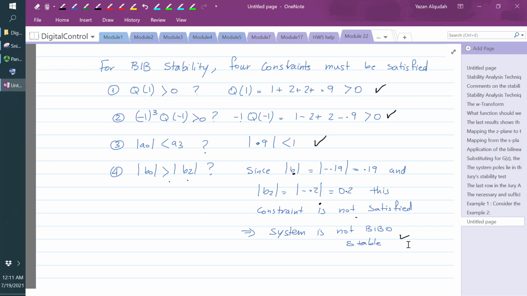I cannot apply Routh-Hurwitz directly to study the discrete time system stability, because the condition for stability for discrete time systems is that all the poles have to be within the unit circle, and therefore the space that will determine the stability is different than that of continuous time systems.